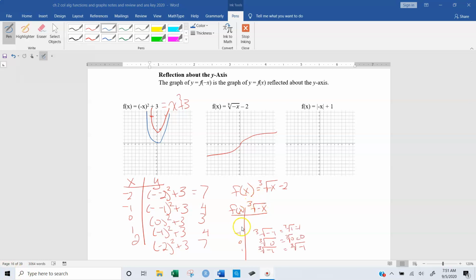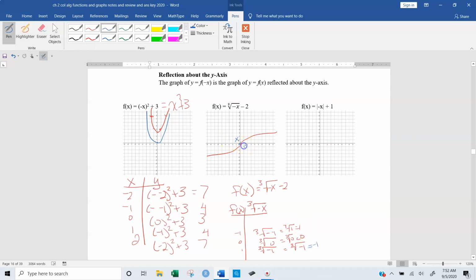If we plug in -1 into my cube root of negative x, we're going to worry about this last. So we go through, we plug it in, and we get 1. We'll put an x. We get 0 is 0 again. And now when we plug in 1, we get -1 right here.